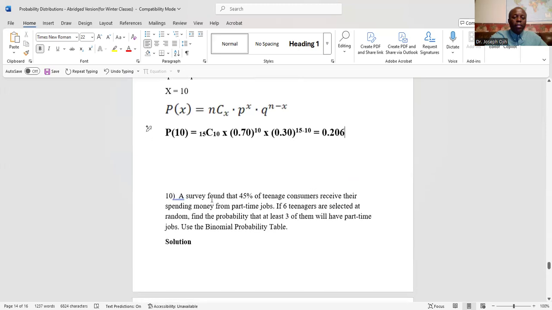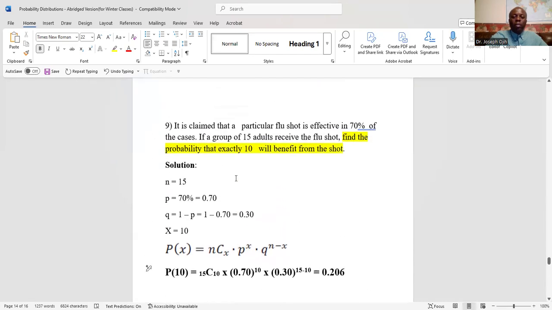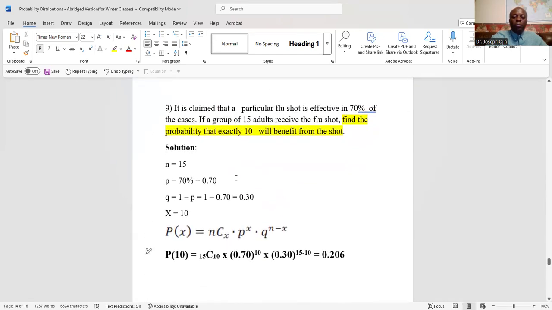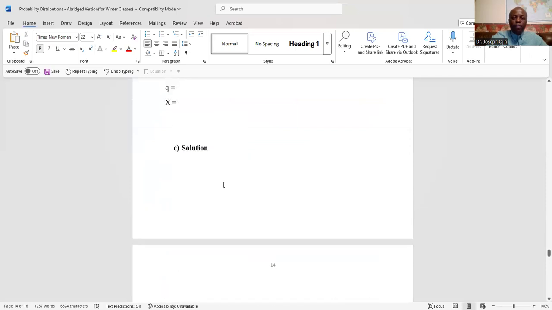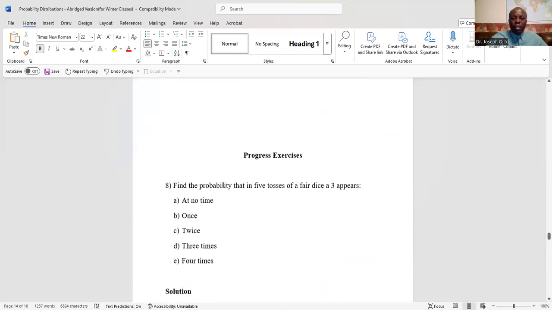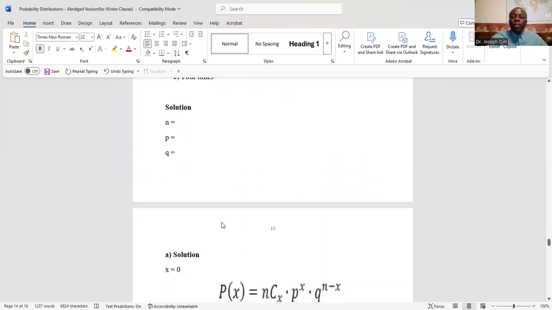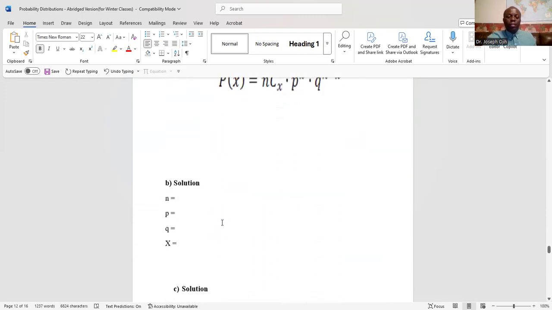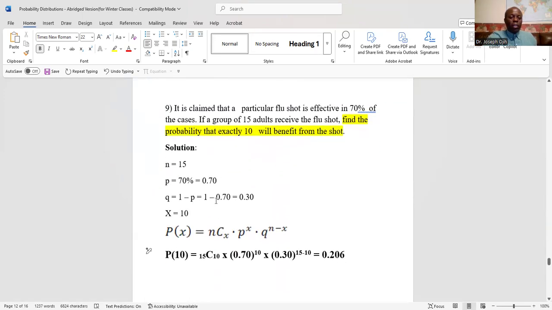Okay, excellent. Now that you know how to do it with the formula, let me show you how to do it with Excel, and then we will make a flashback and solve this one with Excel, and so on and so forth. So now we go to get this on Excel. All you need is the n, p, q and x.